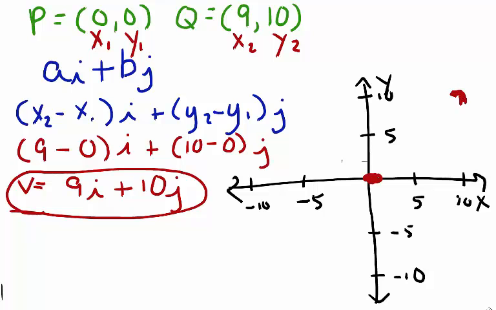So it would look just about like this. So approximately x equals 9 and y equals 10.